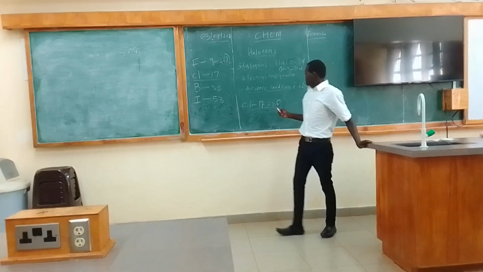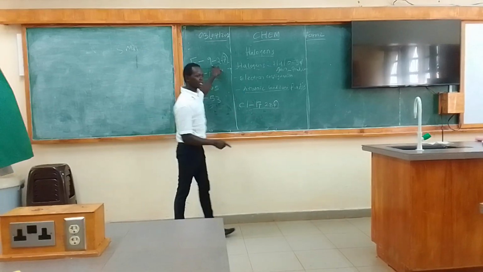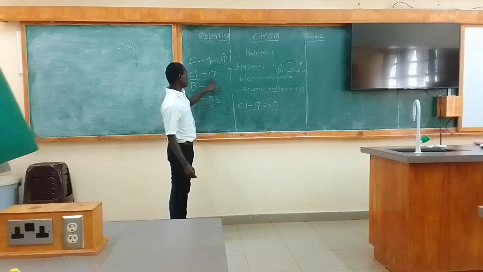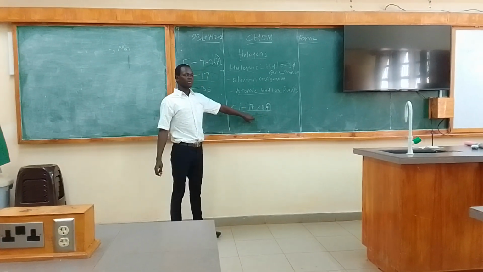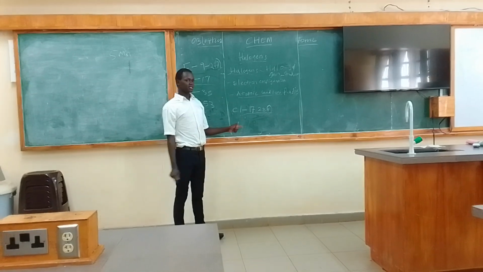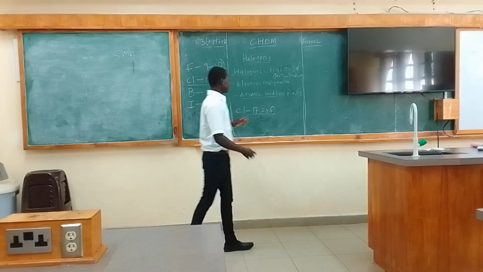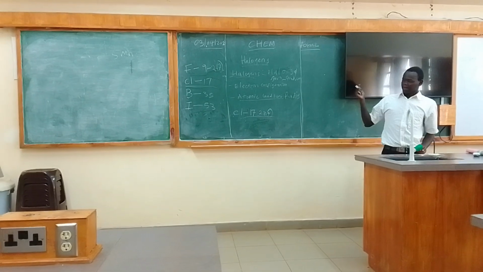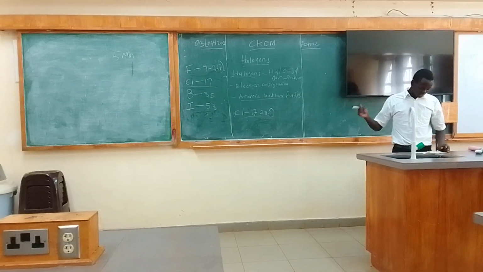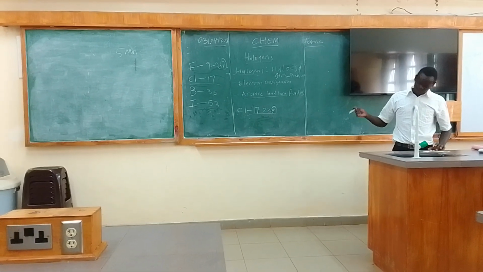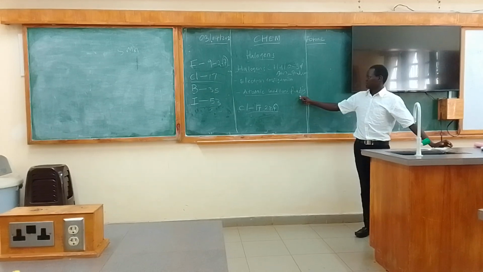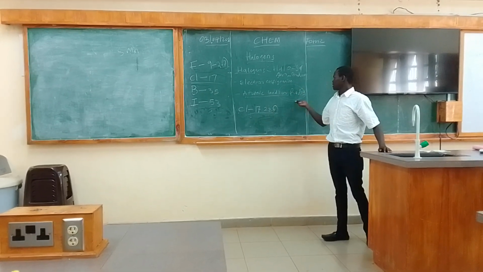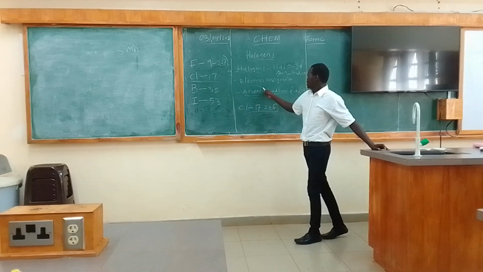You can see that fluorine has only 2 occupied electron shells and chlorine has 3 occupied electron shells. So this means that when you move down the group, the number of electron shells increases. That's why the atomic radius increases. Now, when you compare atomic and ionic radius, you find that the ionic radius is usually larger than the atomic radius.